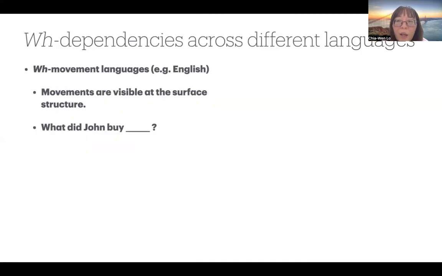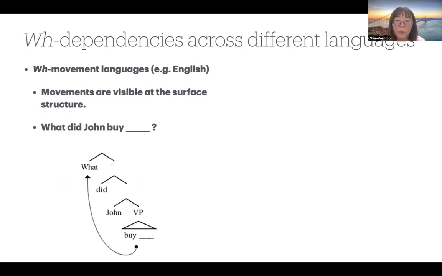Let's first look at a WH movement language like English. We have already shown that movement is visible at the surface structure in English WH questions. Here you can see "What did John buy?" where "what" is moved from the gap after "buy."